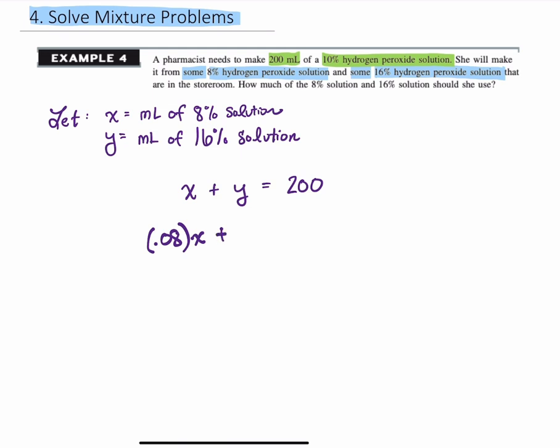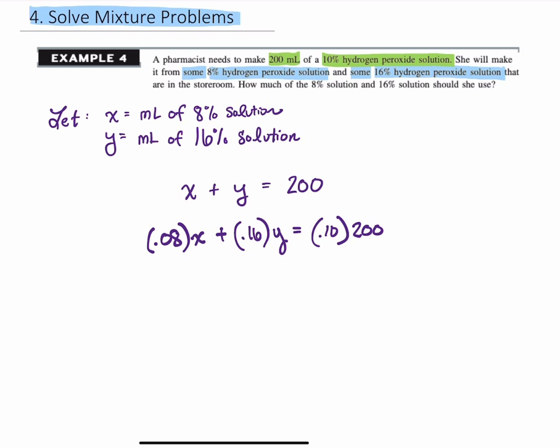And similarly for Y, if we multiply Y by 16% or 0.16, that'll give us the milliliters of pure hydrogen peroxide. And then our total amount was 200 milliliters, and that is 10% hydrogen peroxide, so that would be multiplied by 0.10 to find 10%.